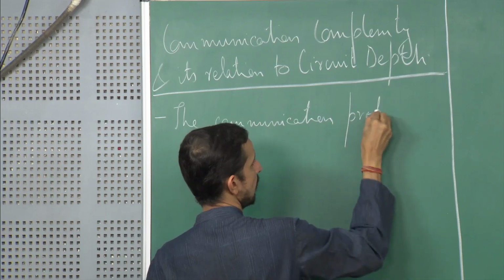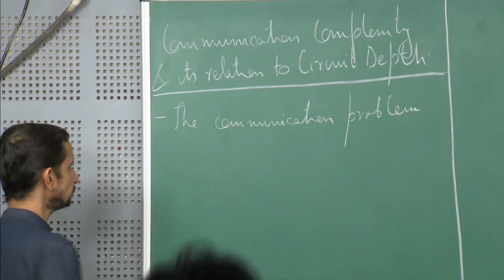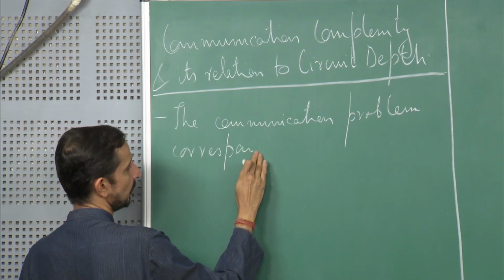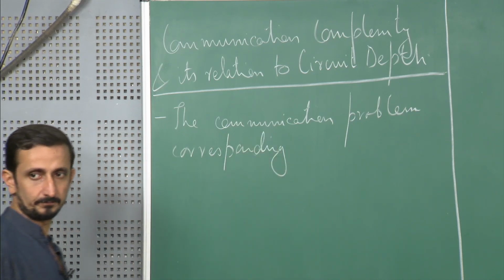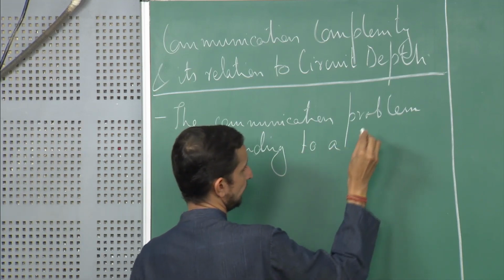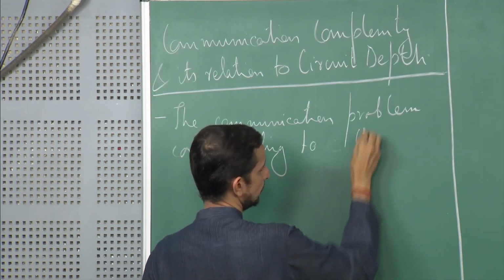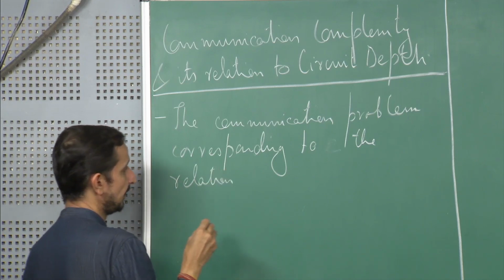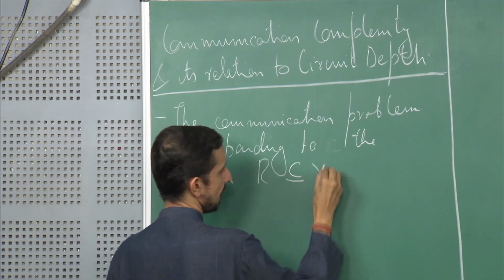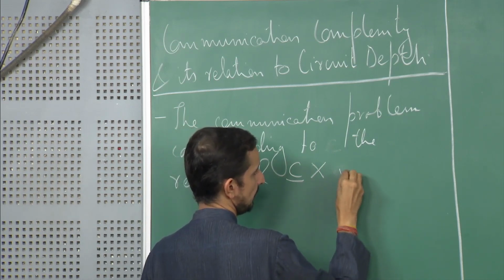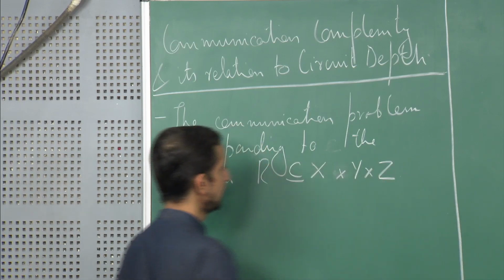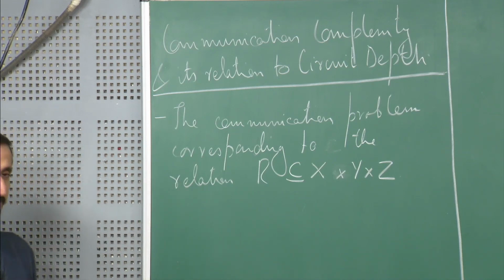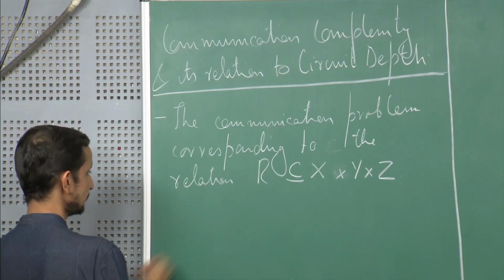The communication problem corresponding to a relation R, let's say it's a relation over X cross Y cross Z. So suppose we have a relation over three sets X, Y and Z. The corresponding communication problem is defined as follows.